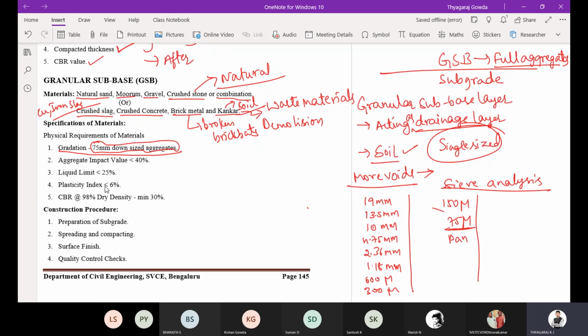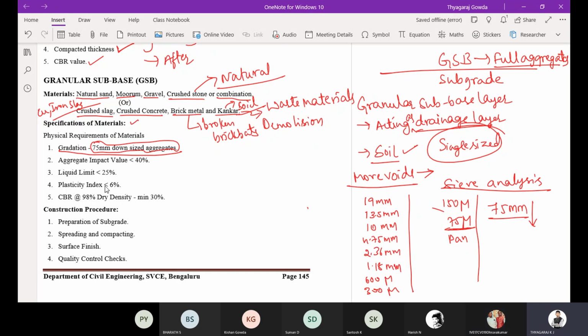Here 75 mm downside means the aggregates passing 75 mm sieve size, below 75 mm, whatever the aggregates which are passing, that can be used for this GSB layer. Is it clear? Understood?